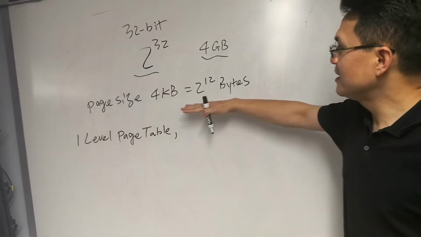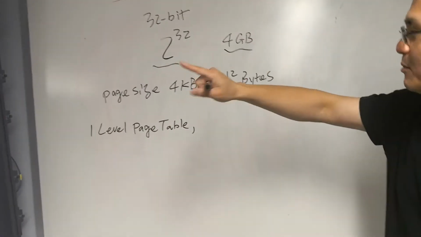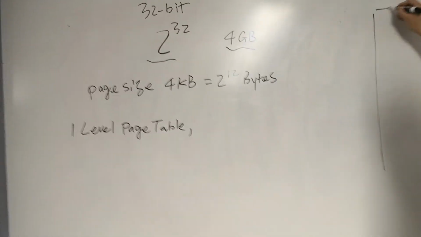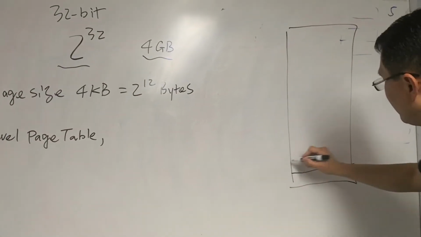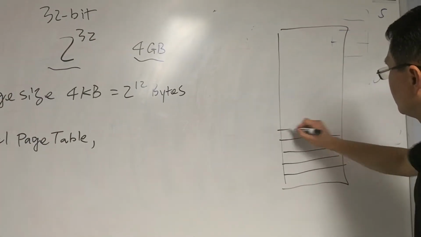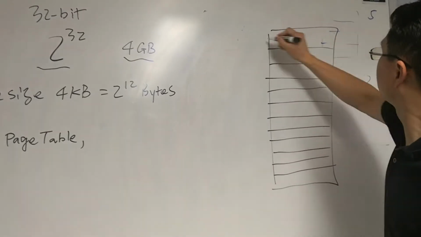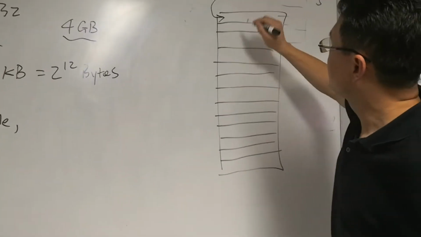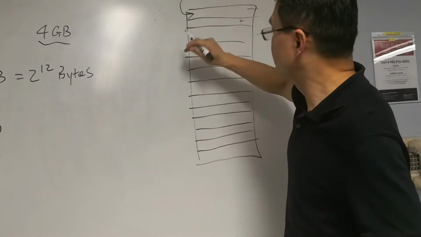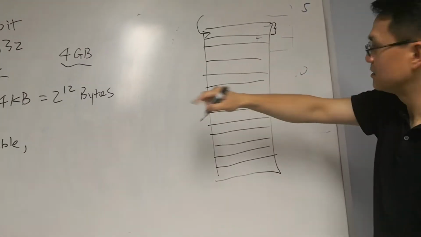This is the page size for each. Remember, we were talking about this being the chunk of the memory space. We divide these into chunks of equal size, right? So each one of these is one page. The size of this is 2 to the 12, 4 KB.